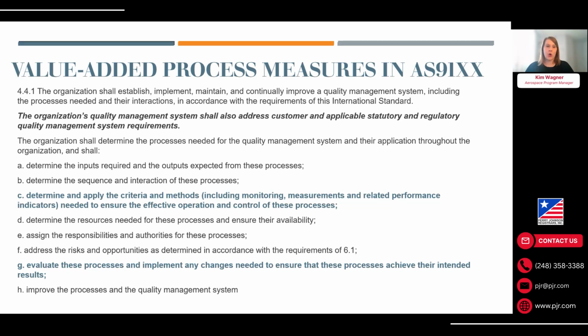As it says here, the organization shall determine the processes needed for the quality management system and their application throughout the organization, and shall C, determine and apply criteria and methods, including monitoring, measurements, and related performance indicators needed to ensure the effective operation and control of these processes, and G, evaluate these processes and implement changes needed to ensure that these processes achieve their intended results.